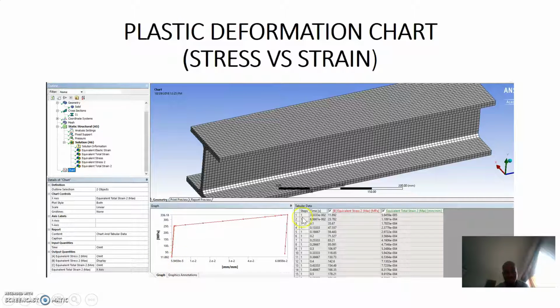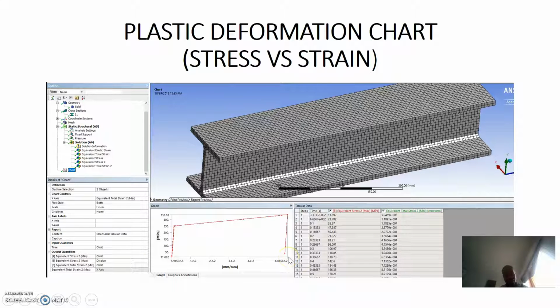From here to this place is when we load the material, when we apply the load, and from here to here is when we release the load, which means from here to here is the first step, and from here to here is the second step.